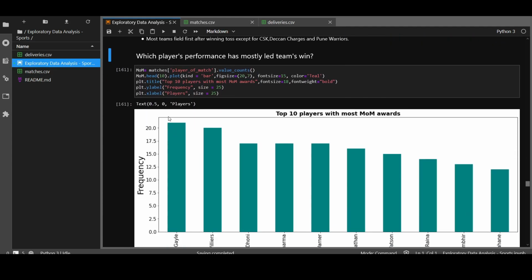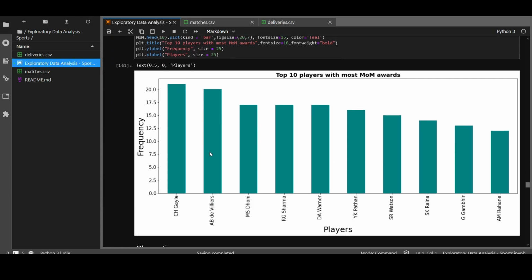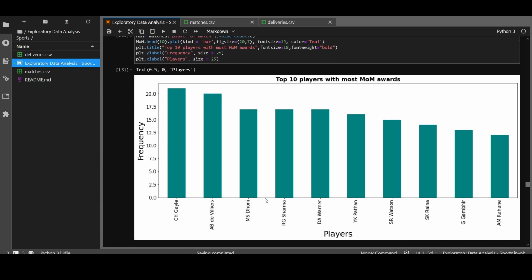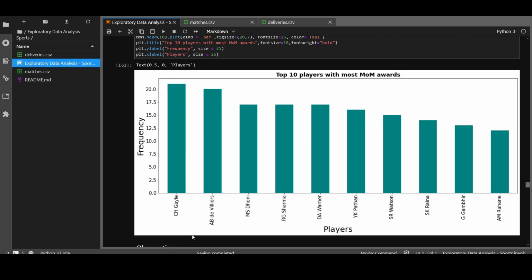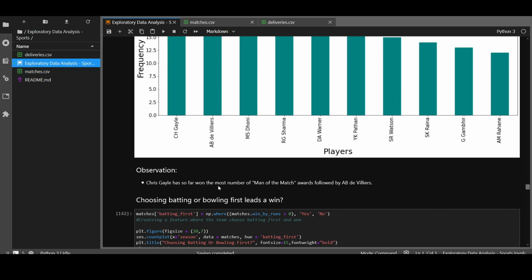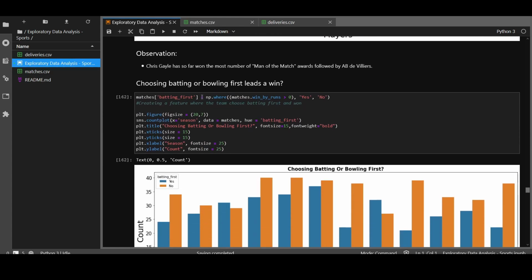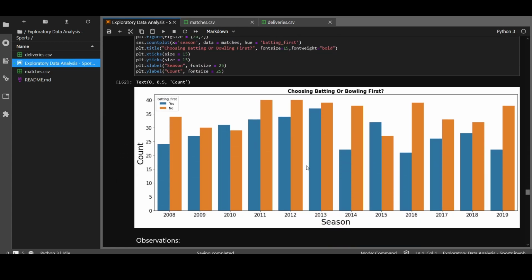Now, which player's performance, meaning which player has the most number of man of the match awards. So this Chris Gayle, followed by ABD. Chris Gayle has so far won the most number of man of the matches, followed by ABD, as I have already stated. So does choosing batting or bowling first lead to a win?